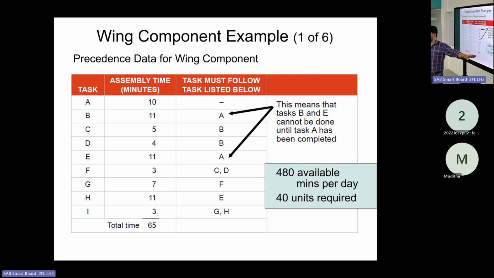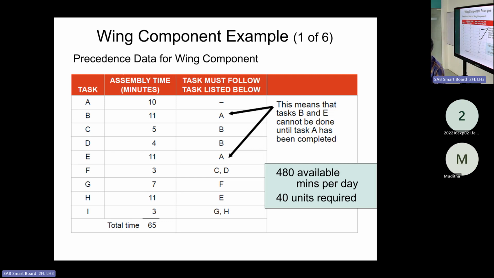Such information is a must for us to draw the precedence diagram and use it in the line balance. If you are given such information, you can draw the precedence chart or precedence diagram and start. That is the first step. And then consider other information and do the line balance. Right? So we should know how to draw precedence diagrams.